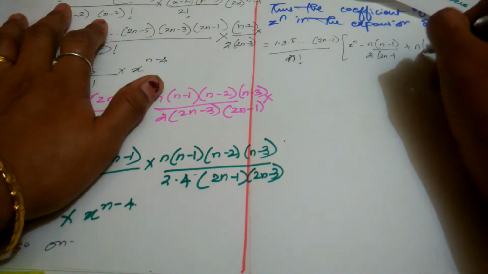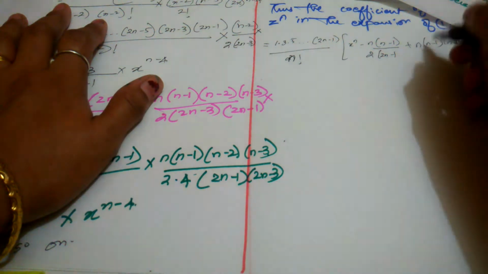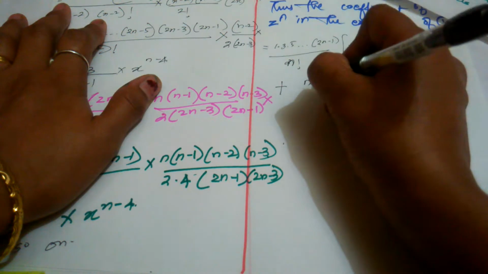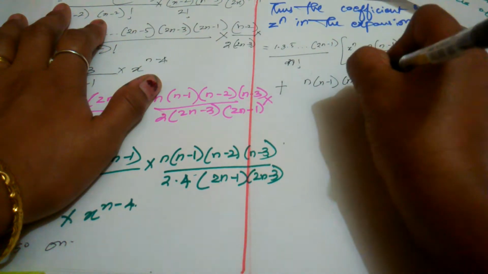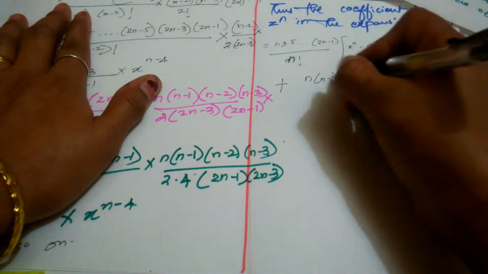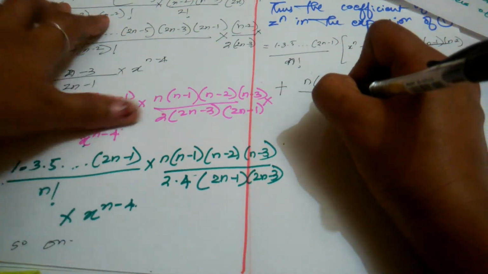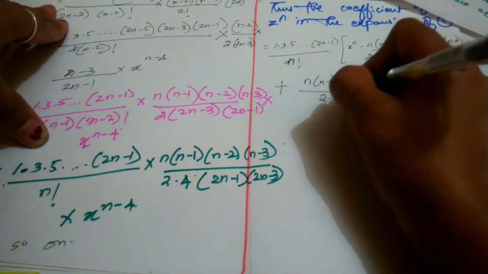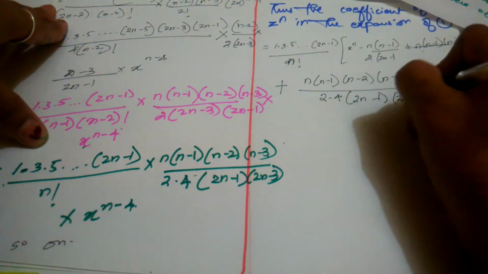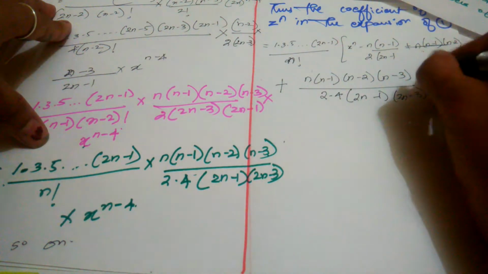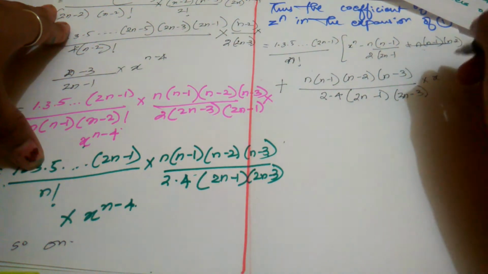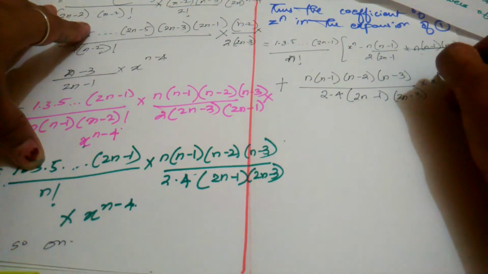multiplied by, so again multiplied by that term, so this term I'll write it down here, plus it will be n of n minus 1 into n minus 3 divided by 2 into 4 into 2n minus 1 2n minus 3 into x raised to n minus 4.